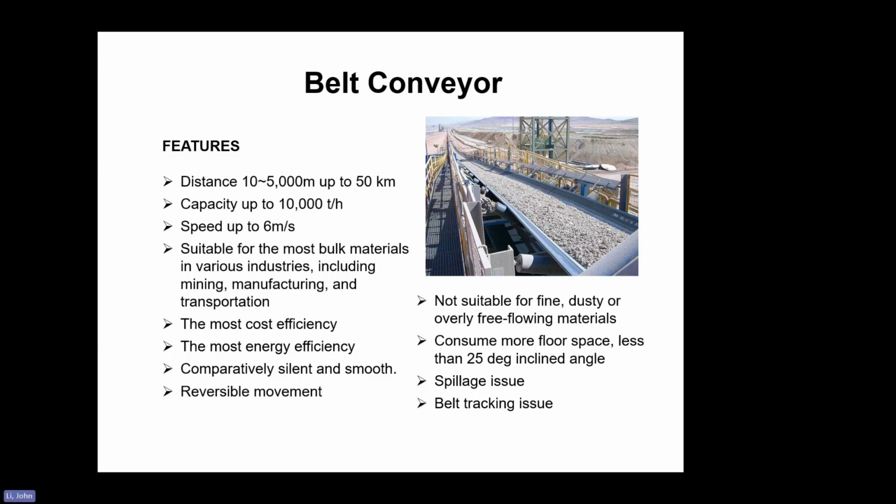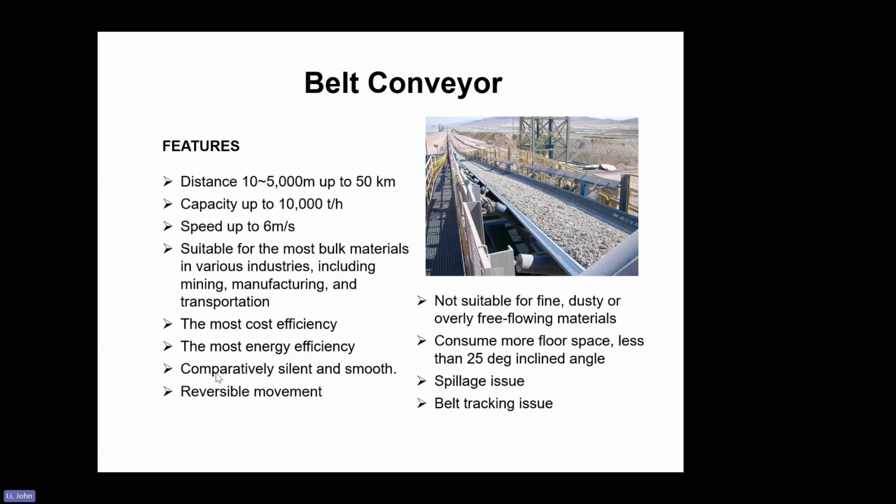It's used in mining, manufacturing, and transportation. Another feature is the cost efficiency. For example, for unit cost per meter, belt conveyor is the cheapest measure for handling materials, and also the most energy efficient.